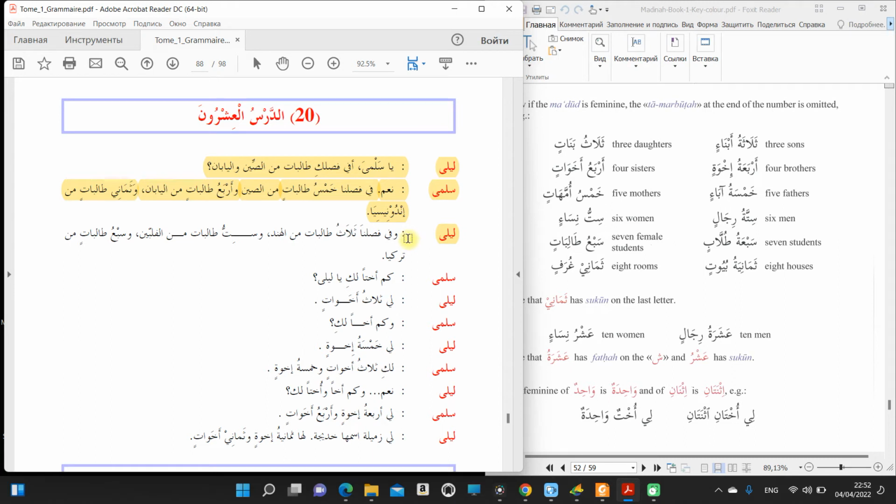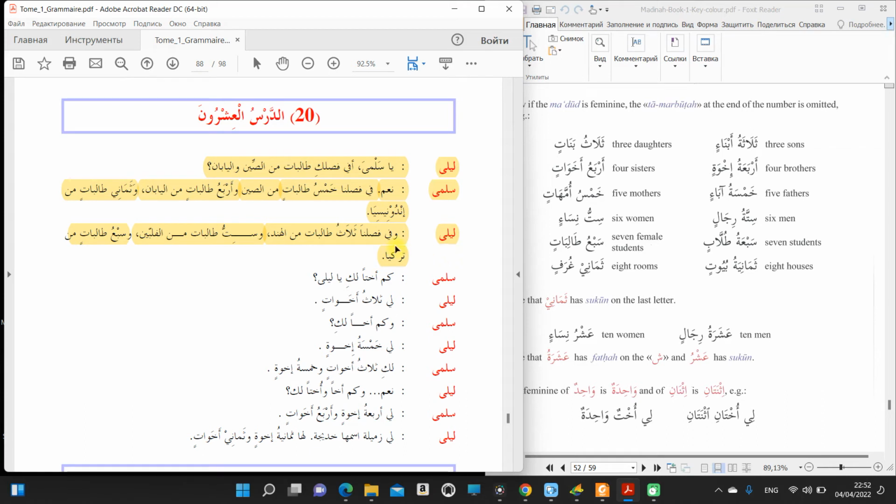Layla is saying وفي فصلنا 3 طالبات من الهند و6 طالبات من الفلبين و7 طالبات من تركيا.